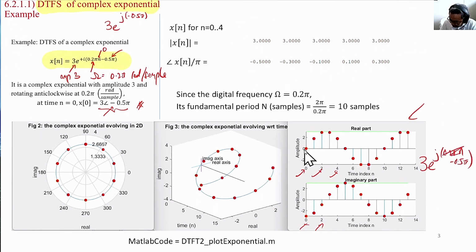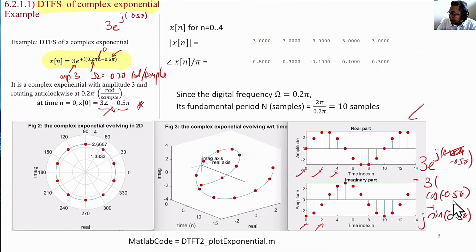You realize that when n equals 0, this is 3e^(-j0.5 pi), and this is actually 3 times cosine of 0.5 pi plus j sine of minus 0.5 pi.